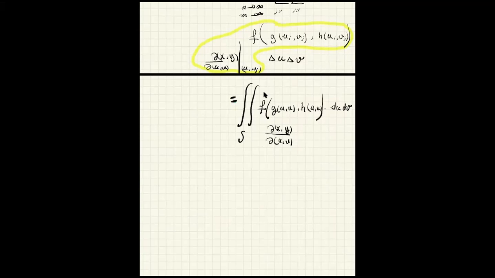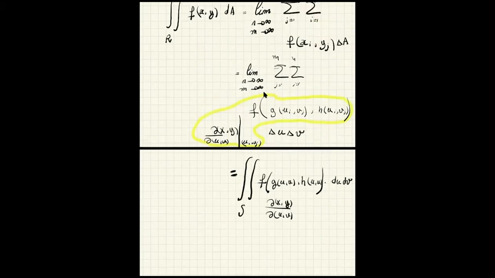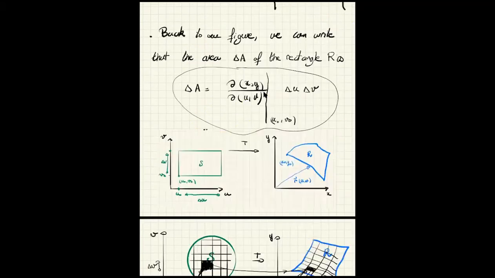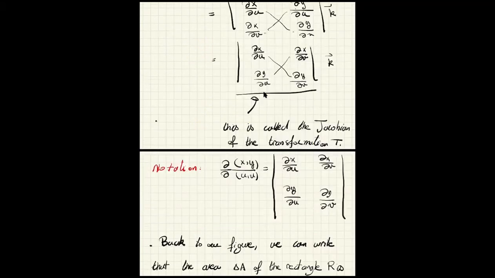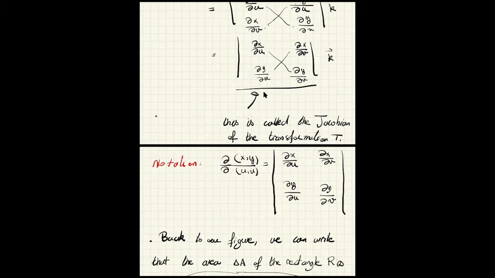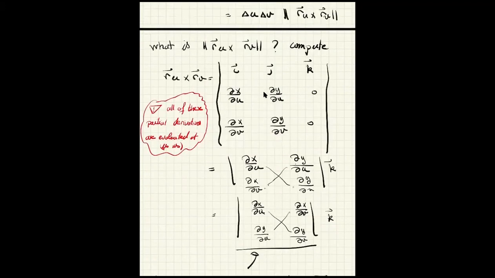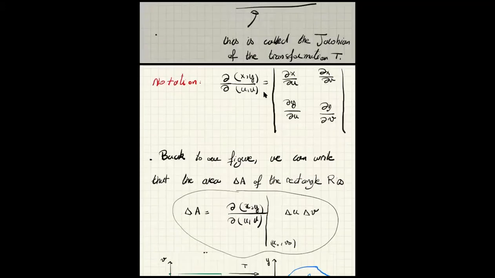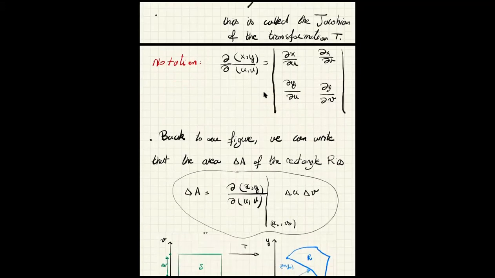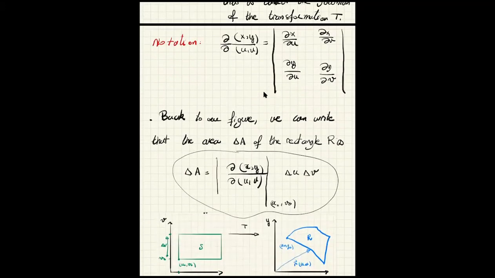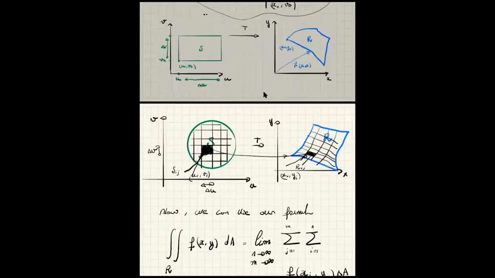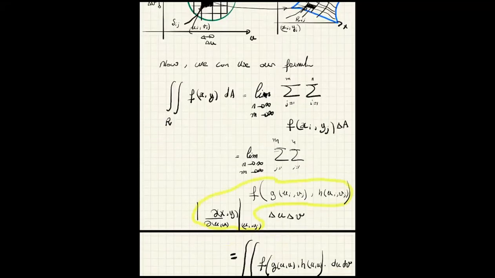It's the absolute value of this, because remember, we wanted the norm of this vector. So it's always positive, right? So it's the absolute value of this thing. Sorry about that.